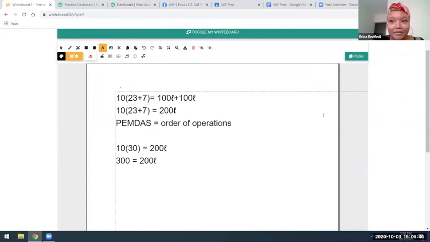That's true, yes. So just so we know, we're dividing by 200 because the L is being multiplied by 200. To isolate the L, we need to do the opposite of what's being done to it. If it's being multiplied by 200, the opposite would be to divide by 200.